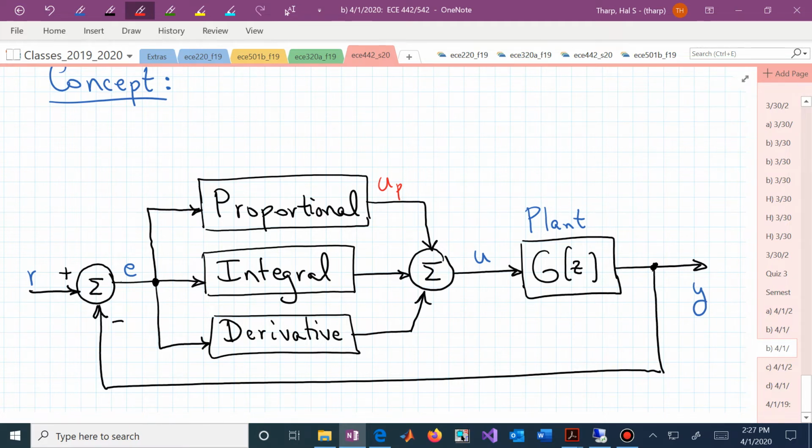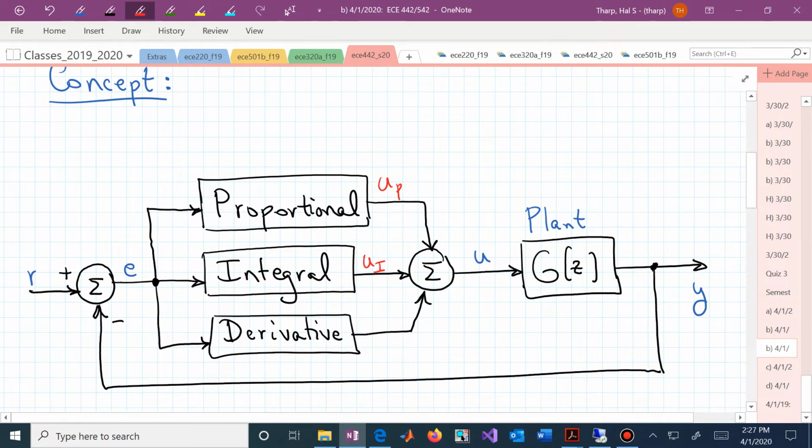We now have the integral action, U sub I. So the piece of the total input that is responsible for integrating this error signal and using that to influence the input to the plant.